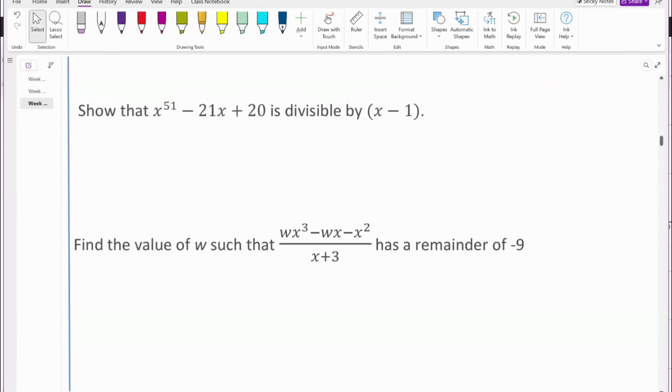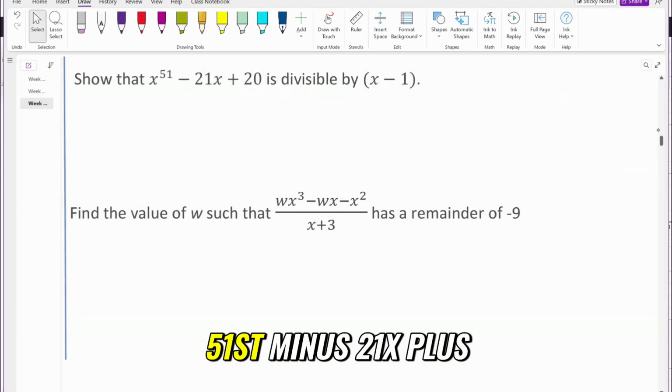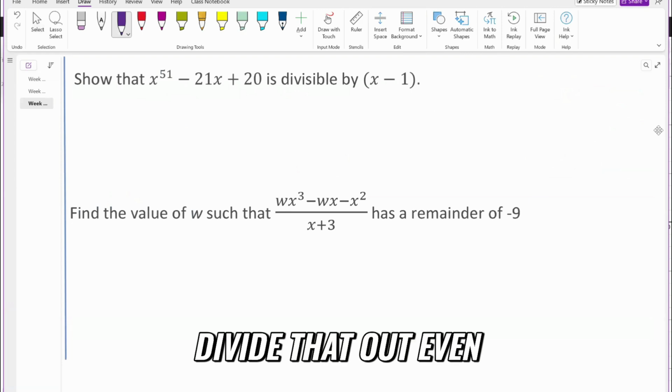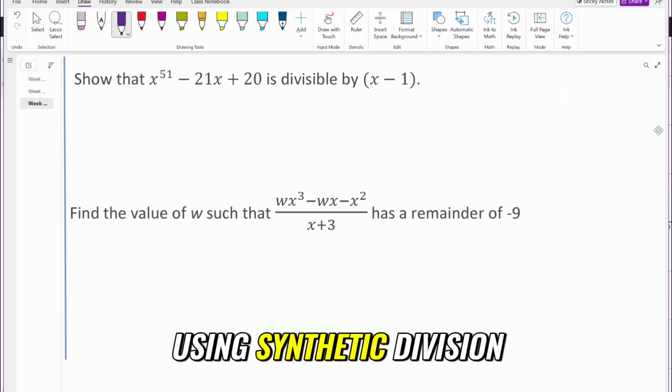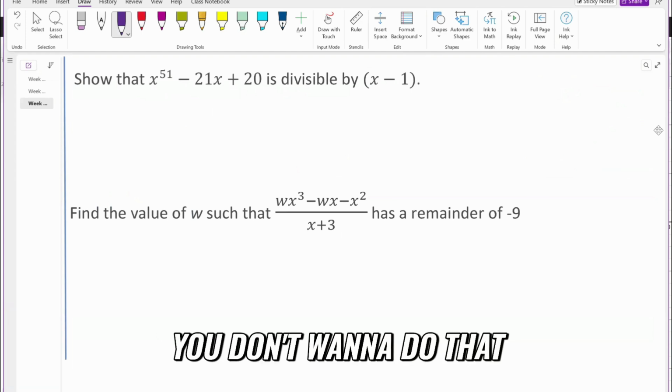Show that this x to the 51st minus 21x plus 20 is divisible by x minus 1. Now, do you want to divide that out even using synthetic division? X to the 51st. Yeah, you don't want to do that, do you?